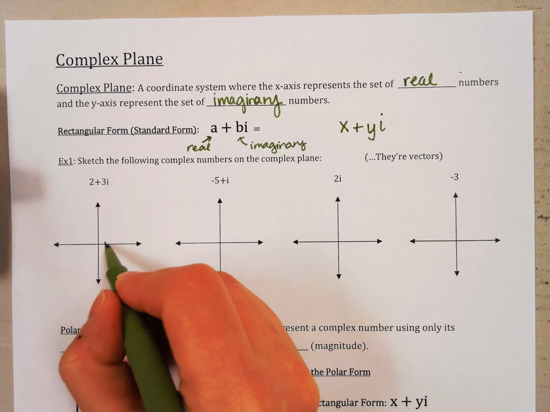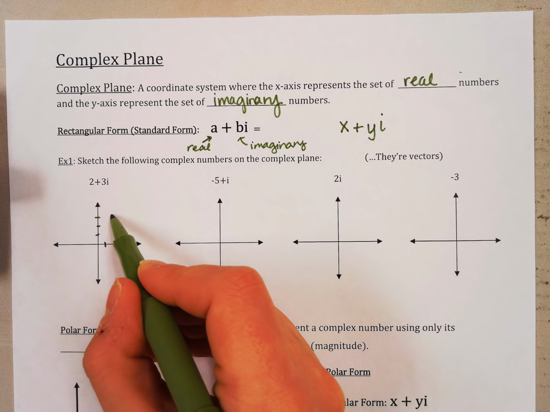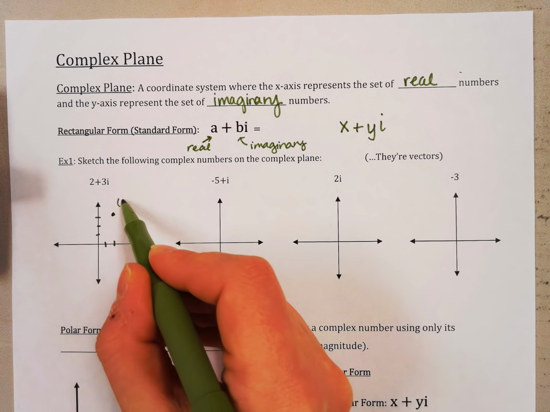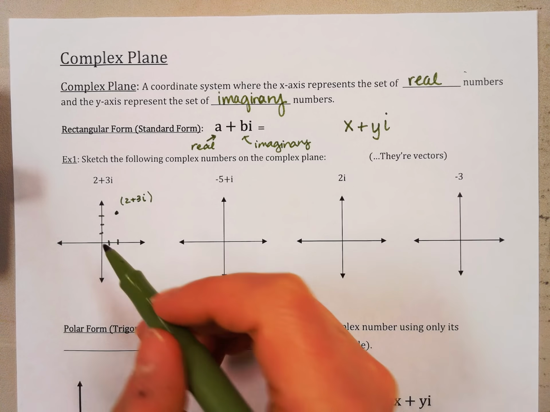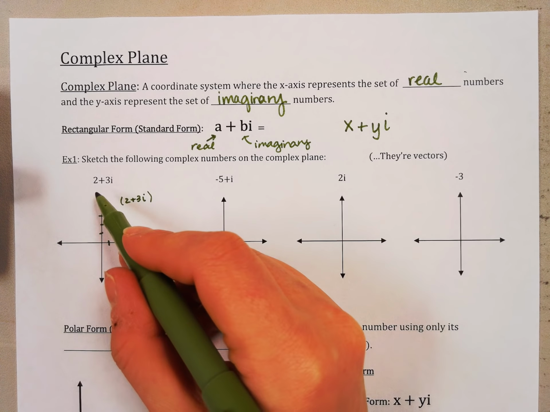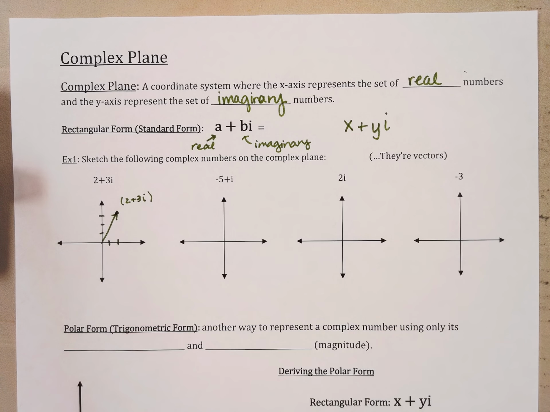We have 2 on our x-axis and 3 on our y-axis. This is 2 plus 3i. And again, it's not that single point, it's a vector, so we draw it from the origin. That would be our complex number plotted on the complex plane.